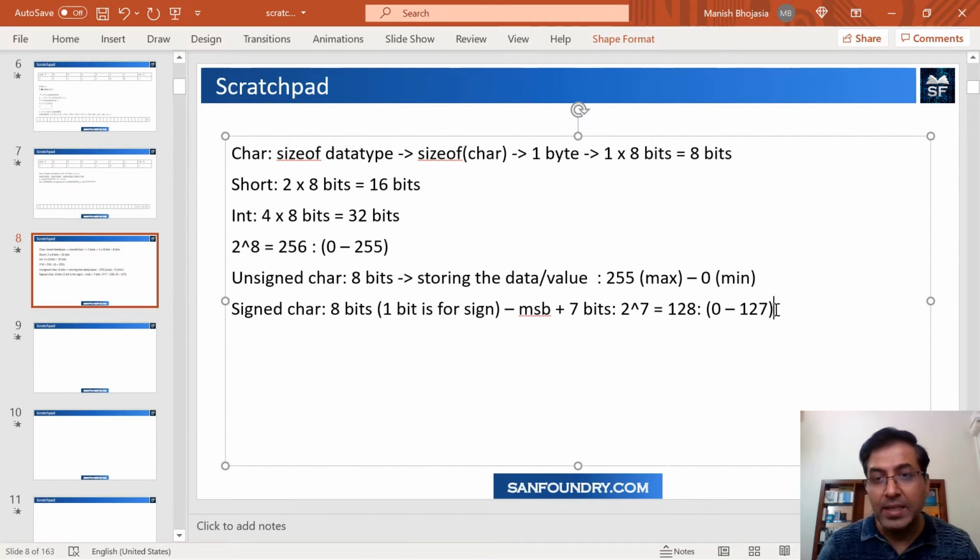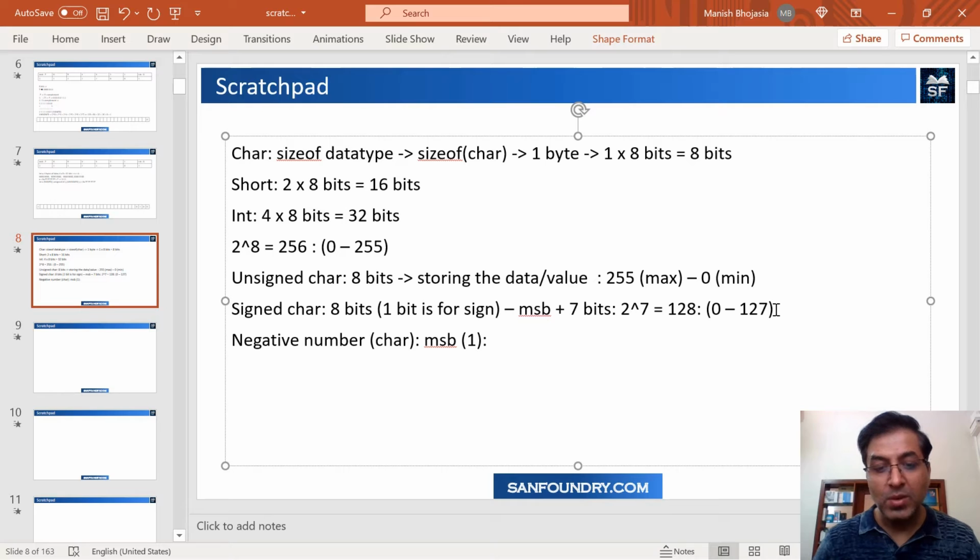But what if it is a negative number? When you have a negative number of character data type, in the MSB we store the sign bit as 1. But what about the remaining 7 bits? The remaining 7 bits play the role of storing a value.